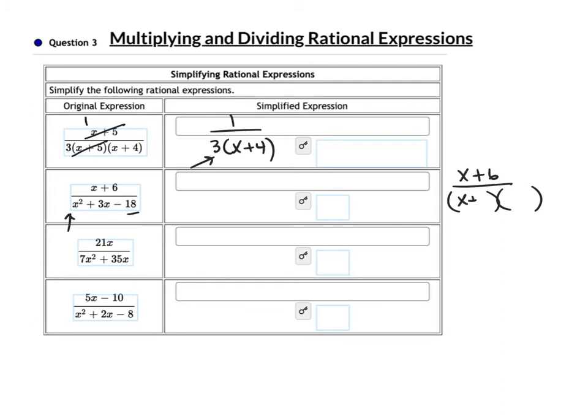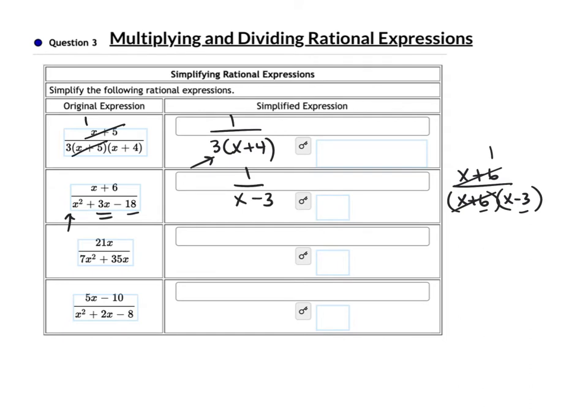That means the 6 is going to have to be positive, and the 3 is going to have to be negative, because 6 plus negative 3 makes positive 3. The x plus 6 cancels. You must have something up top. You're going to have a 1. My answer then is 1 over x minus 3.